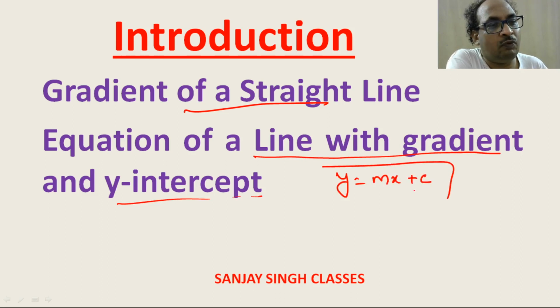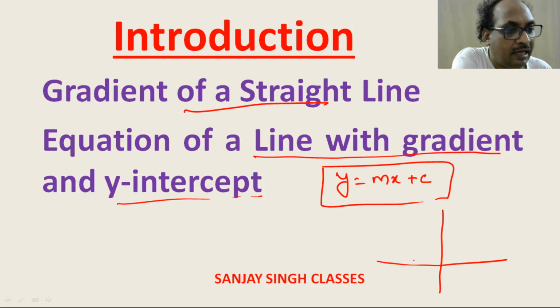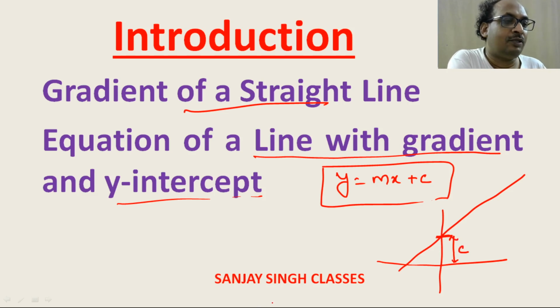It means this is an equation of a line having an intercept. So this is the intercept, the y distance, which is actually c. Having y-intercept at c means it is crossing the y-axis at c, and it has the gradient m.